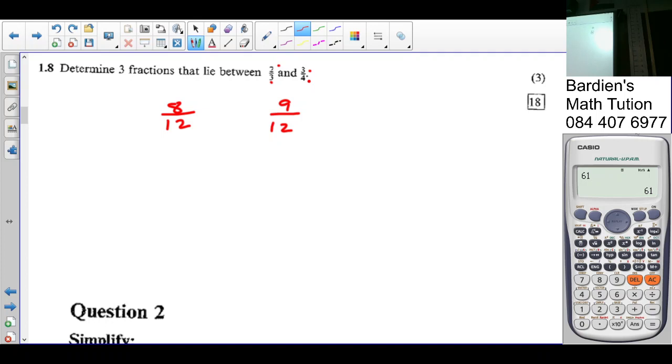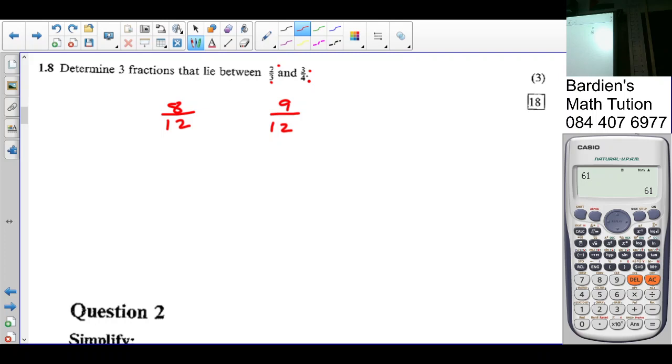So to find 3 fractions that lie between these fractions, we're going to multiply every number by 4. If you wanted to find one number between those fractions, I will multiply everything by 2.